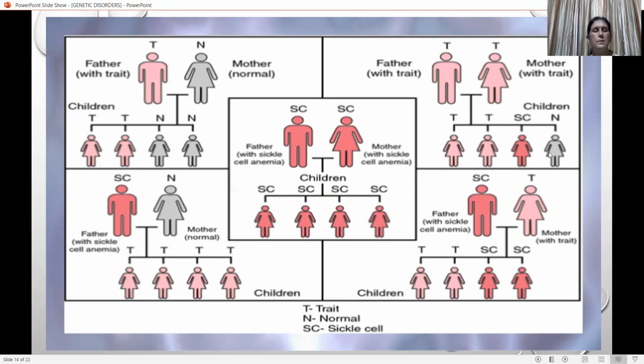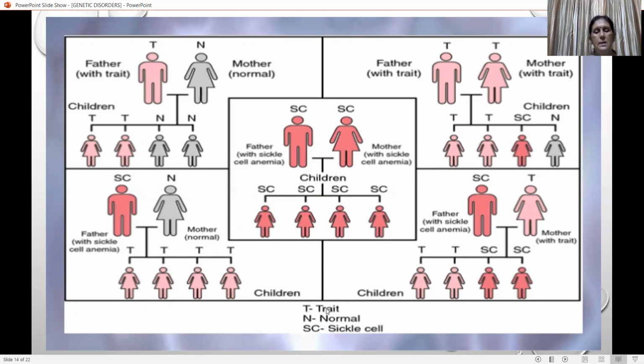There are many probabilities. In the first case, the father carries the trait. In the second case, both are carriers. In the third case, both are sickle cell anemic. And in the last case, the father is anemic and the mother is a carrier. These are the probabilities. And here, the father is a carrier and the mother is normal.